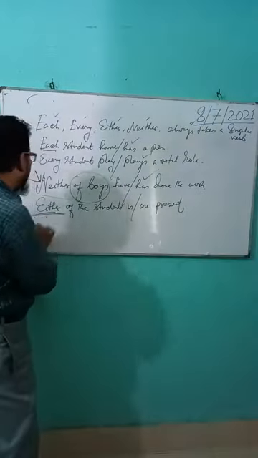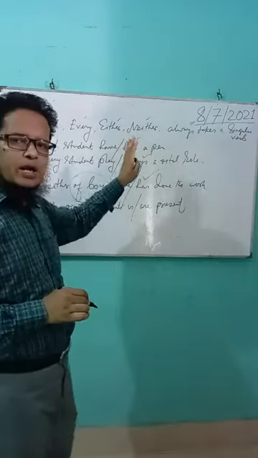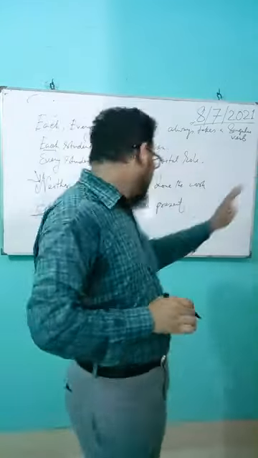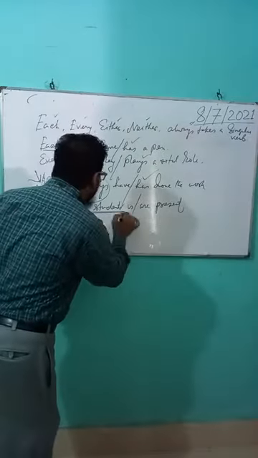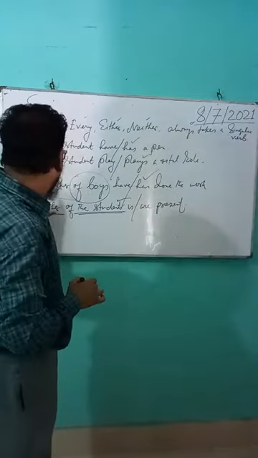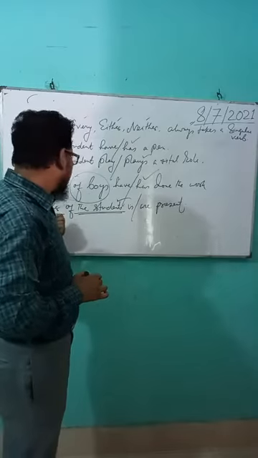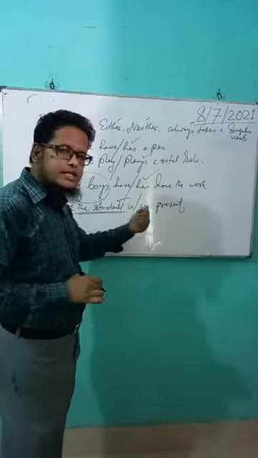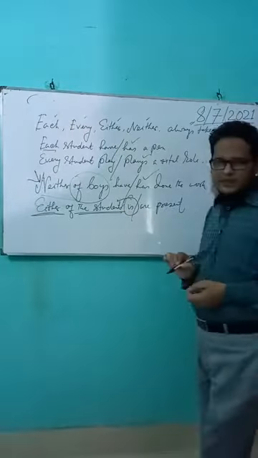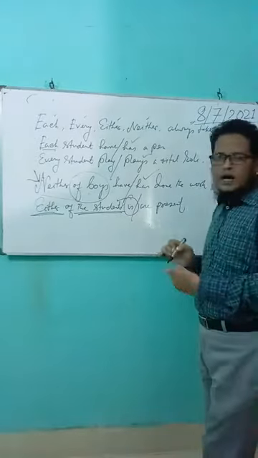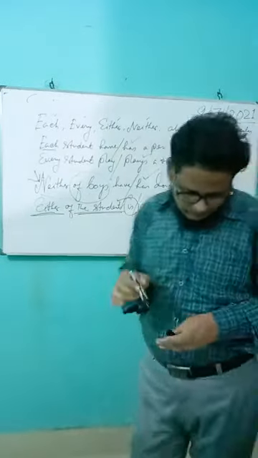Each, every, either, neither, they are singular and they take a singular verb, and that's why, either of the students, though it is a noun phrase, either is singular, and that's why it will take a singular verb. So either of the students is present, not are present. Either of the students is present in the meeting. Okay.